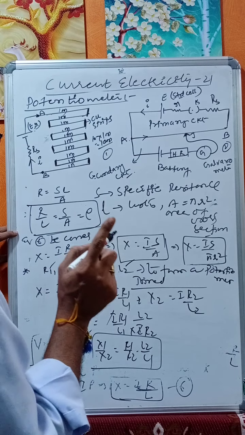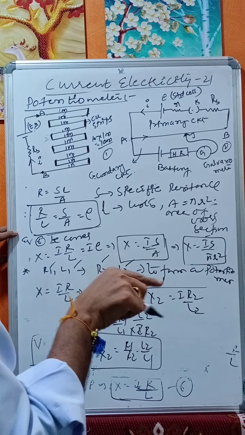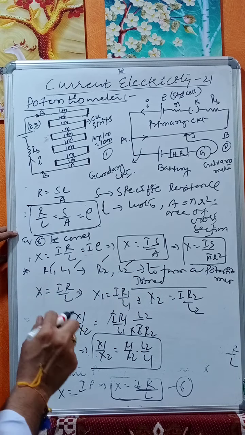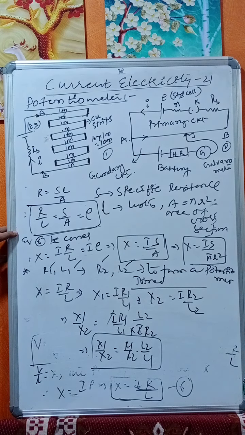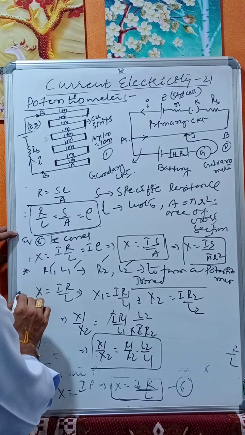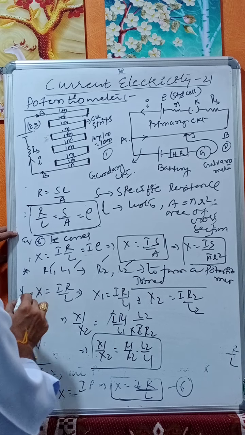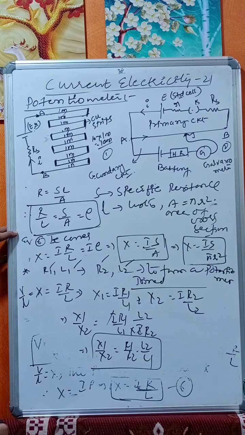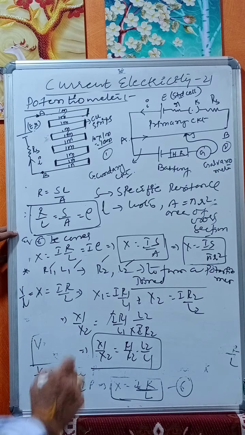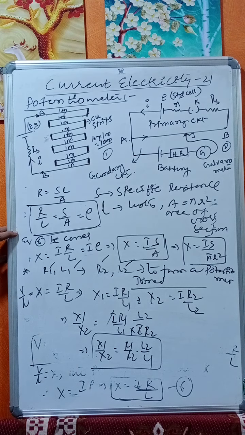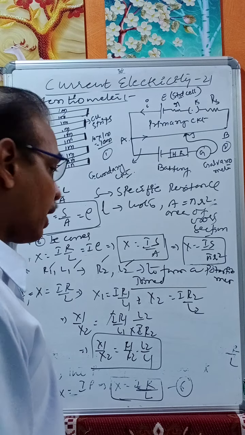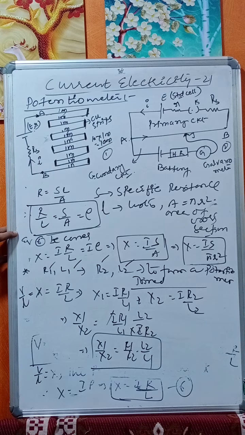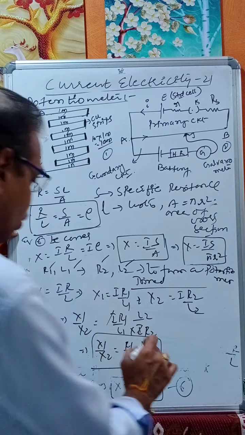X is the potential gradient, the potential per unit length of the wire. X is equal to V by l, that is I R by L, where L is the total length and R is the total resistance of the 10-meter wire. Then X1 is equal to I R1 by L1, X2 is equal to I R2 by L2, and X1 by X2 is equal to R1 by R2 into L2 by L1.